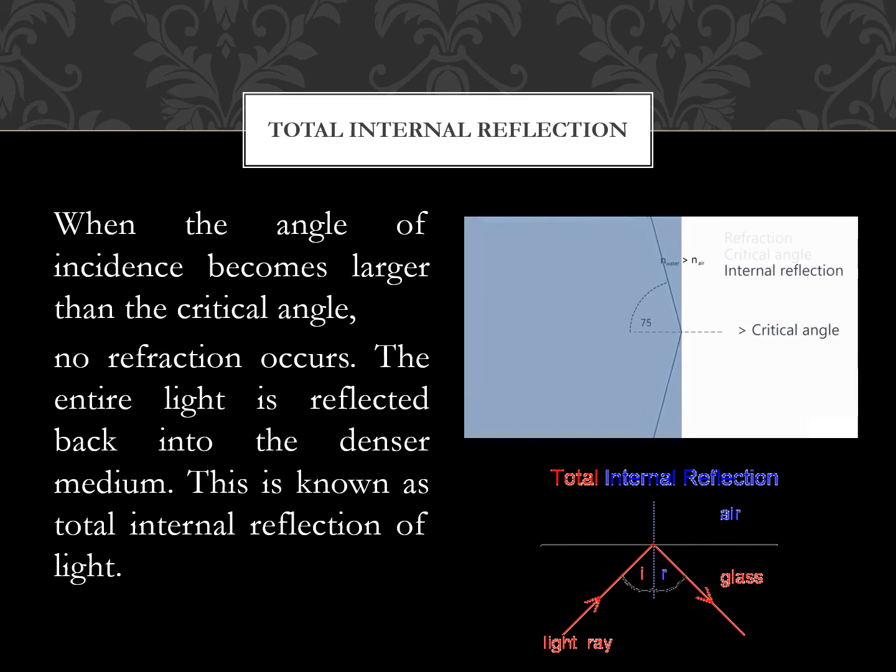Similarly, in the diagram given below, you will see the total internal reflection: when the light ray enters from the denser medium, hits the surface, and its angle of incidence is greater than the critical angle of the medium, then it will be totally internally reflected into the same medium. This is known as total internal reflection.